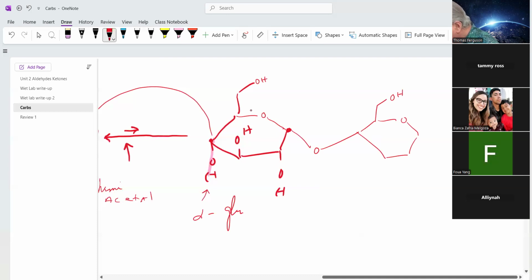And this can either be alpha or beta over here. Let's just do it the same way. Let's do alpha glucose over here as well.